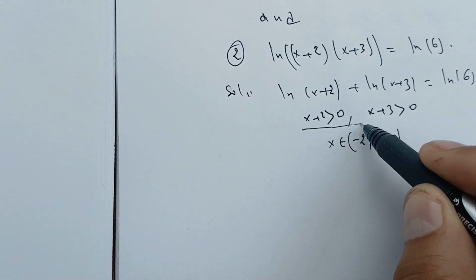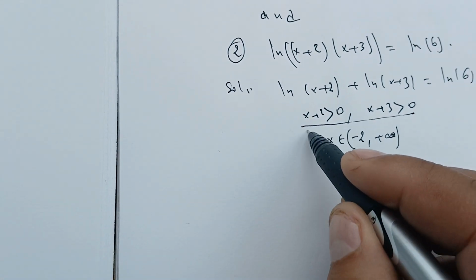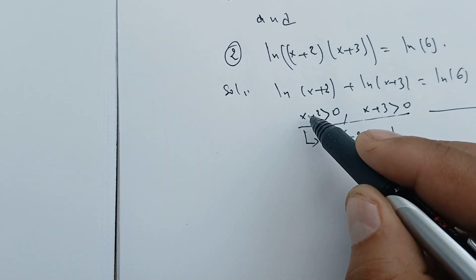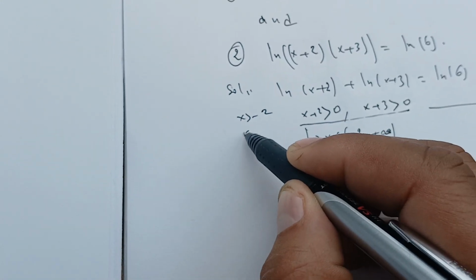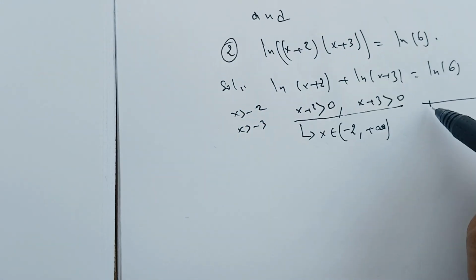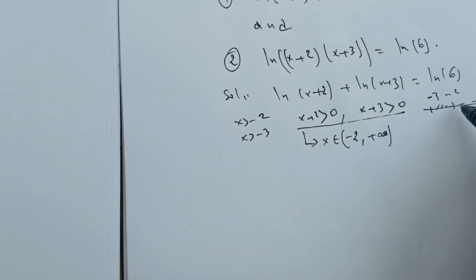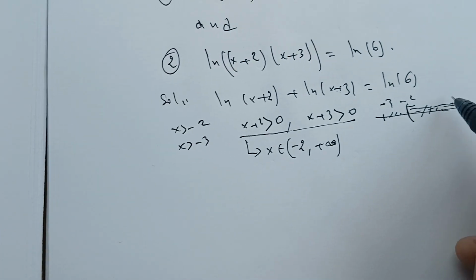Because we need x to satisfy this condition, x has to be here. It's easy to see that x plus 2 bigger than 0 means x is bigger than minus 2, and x plus 3 bigger than 0 means x is bigger than minus 3. They intersect when x is bigger than minus 2.